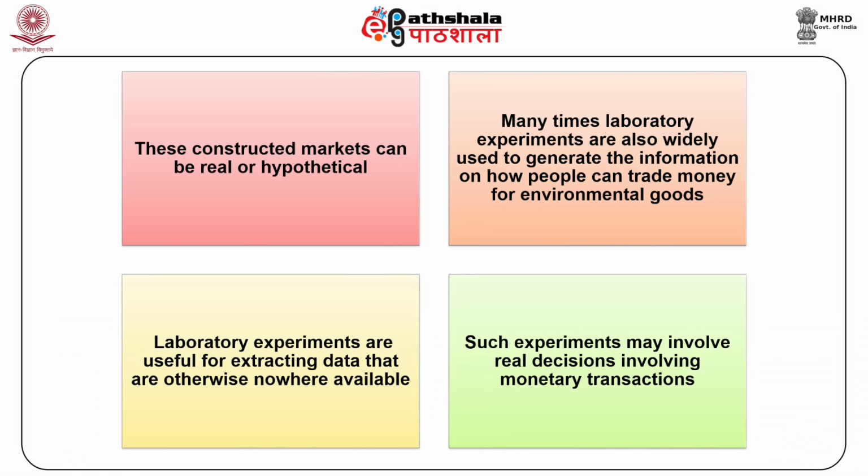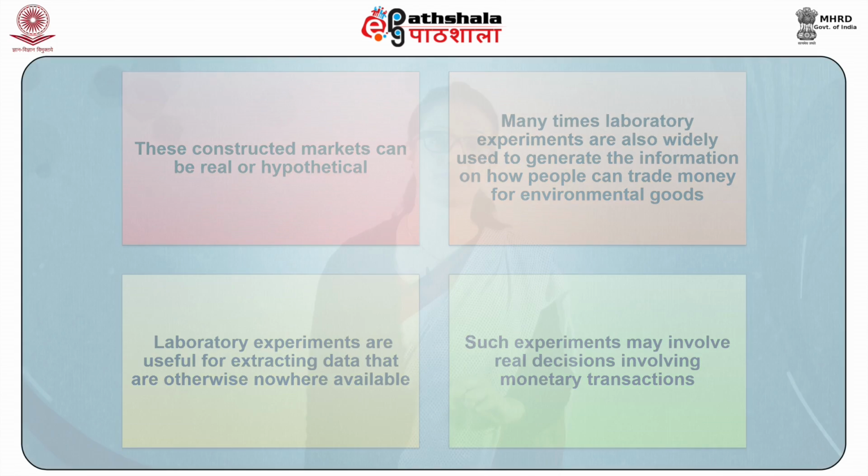Many times, laboratory experiments are also widely used to generate information on how people trade money for environmental goods. Laboratory experiments are useful for extracting data that are otherwise nowhere available. Such experiments may involve real decisions involving monetary transactions.